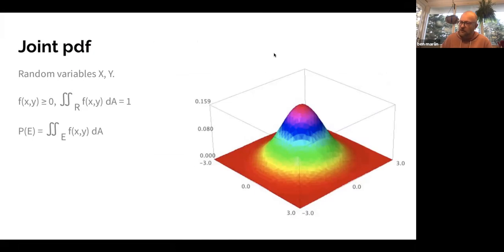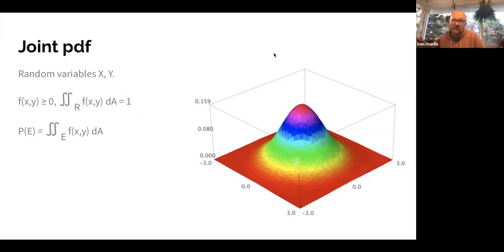So the function that we think about with this is going to be a function of 2 variables. The requirements for that function are that it be greater than or equal to 0 for all values. And then if you integrate across all the possible values, you should get a total of 1.